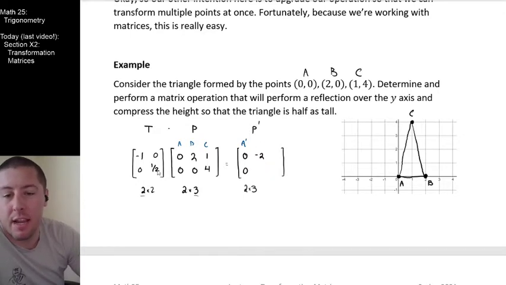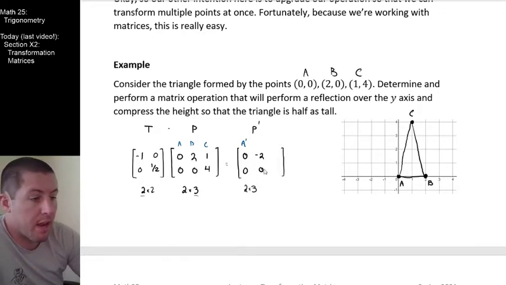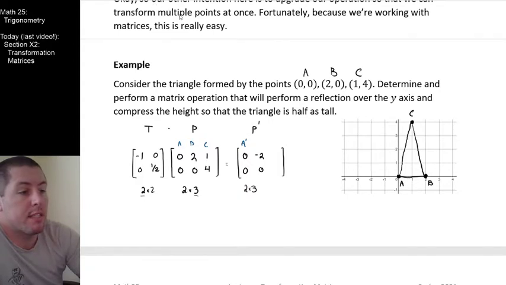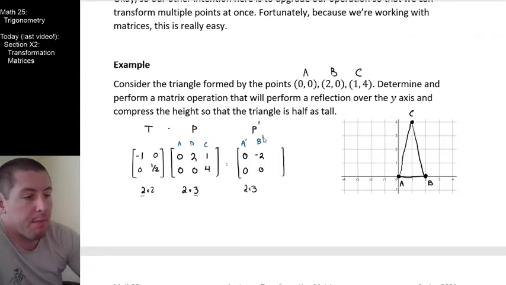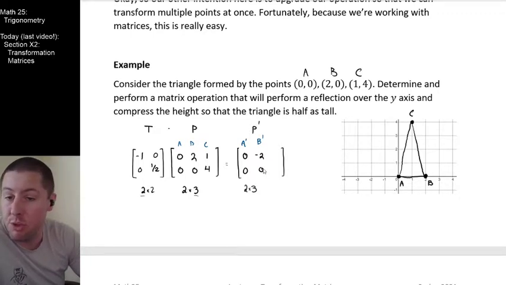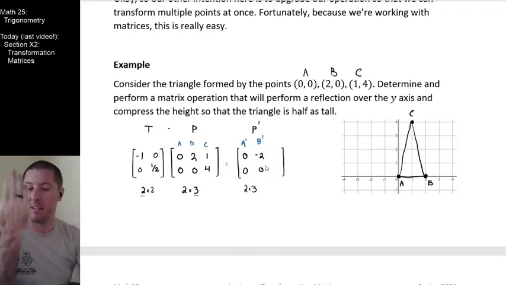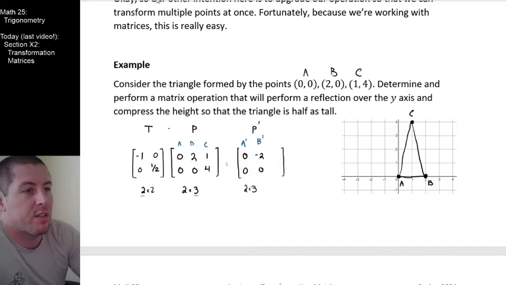Second row dotted with the second column: 0 times 2 is 0, plus 1/2 times 0 is also 0. So I'm getting 0 right here. And this is exactly what we should have anticipated, because this point B that was at 2, 0 is now at negative 2, 0. So it has been reflected over the y-axis, which is perfect.